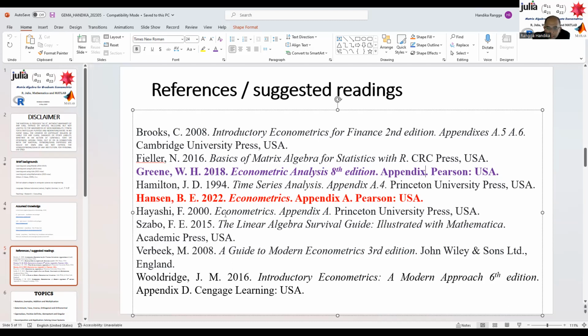Another graduate level text is Hayashi, Econometrics appendix A. Frank Sabo explains linear algebra using Mathematica. Verbeek's Econometrics also has an appendix on matrix algebra, as does Wooldridge's introductory econometrics. So you can have a look for a while.